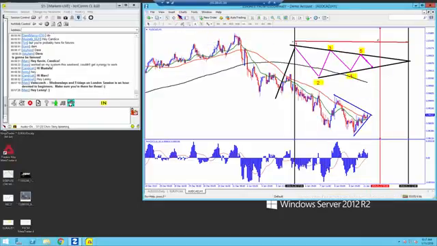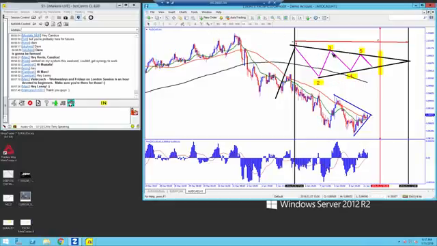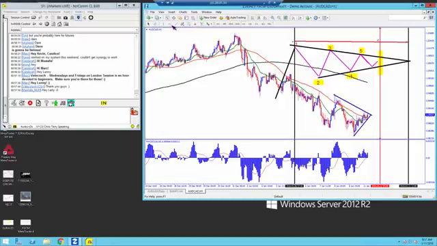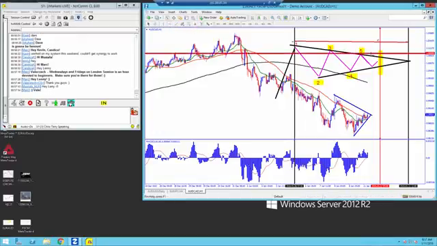Then you're looking at the zone where time has to come into play. Remember, there's always price and there's always time. So when you're looking at a symmetrical triangle, you're looking for a breakout point, at these 2 points right there.